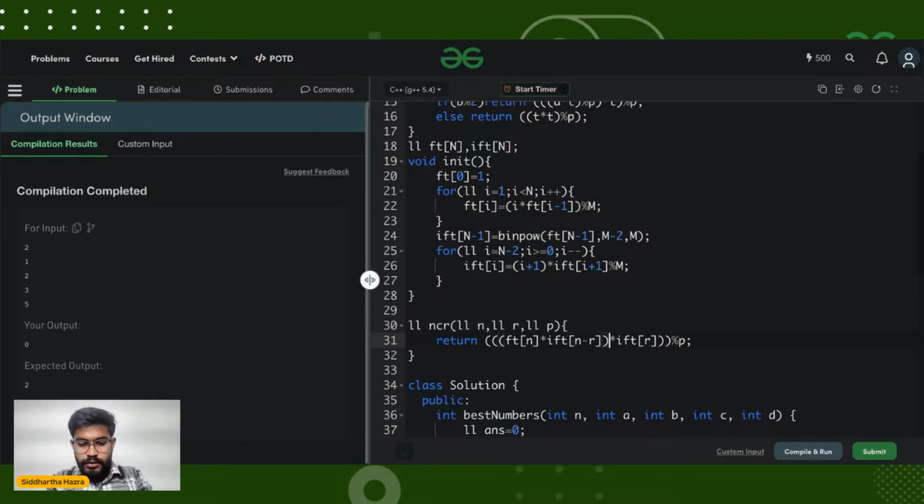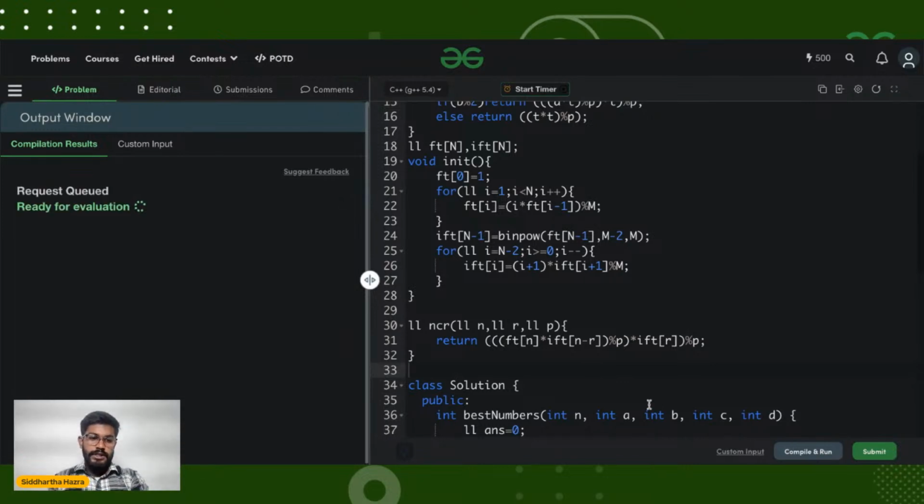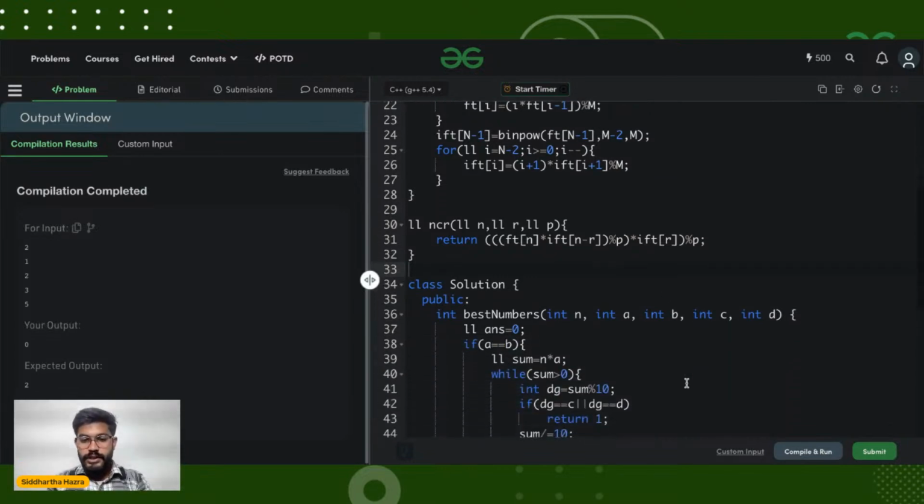N minus r modulo p, and then this. Any compilation errors up till this point? Let me just see. Okay, no compilation errors.